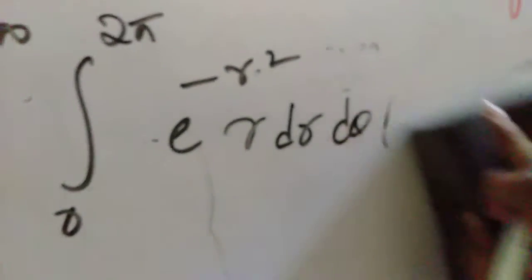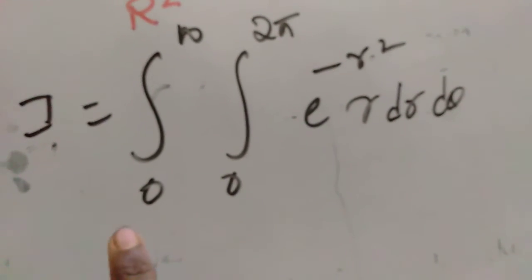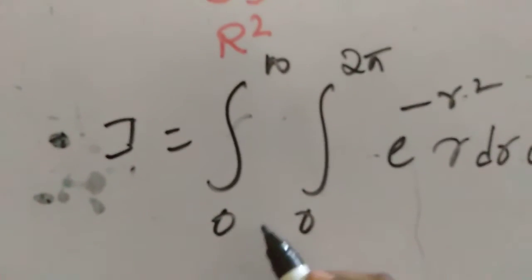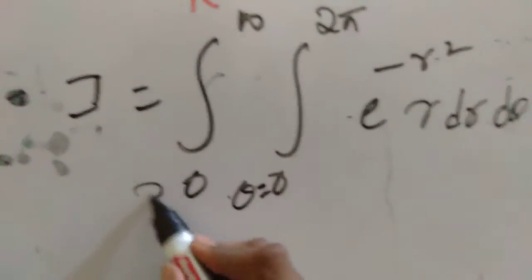This is the polar form. Now we have to integrate with respect to theta, then we integrate with respect to r. This is the theta limits, this is the r limits.